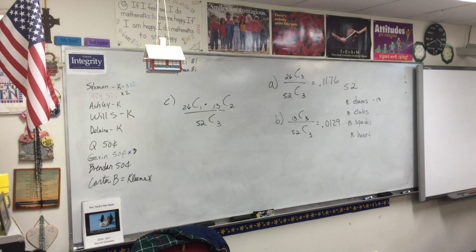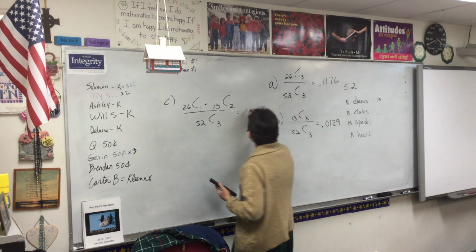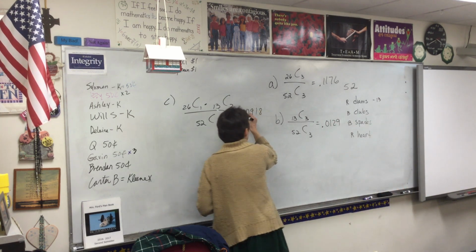Divided by, you need the arrow, yeah, divided by 52C3. Okay, the answer should be, if Emmett is right, 0.0918. Is that right? Yeah.